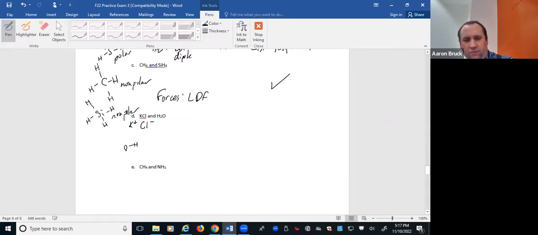Water, we drew out previously, there it is. With KCl, we are dealing with something that is ionic. With water, we're dealing with something that is polar. Will they dissolve in one another? Absolutely.